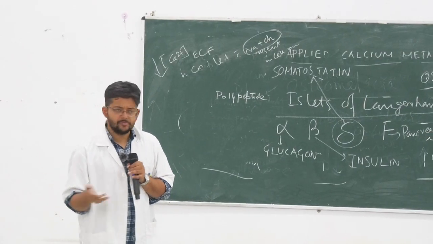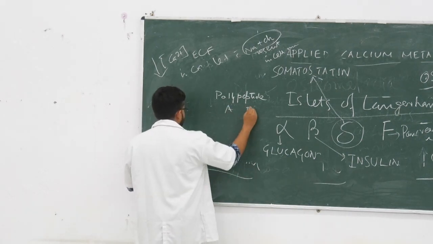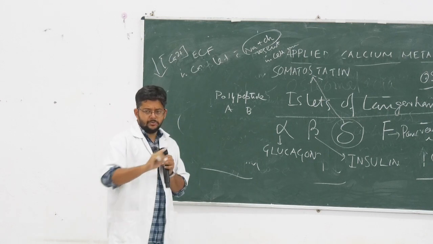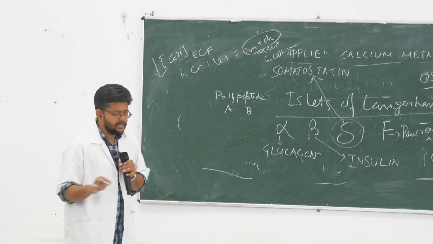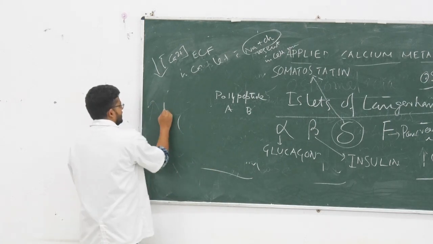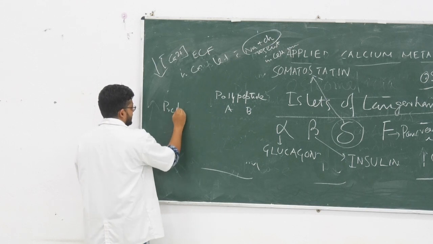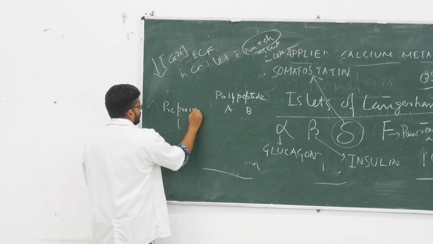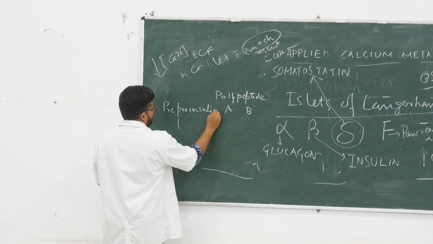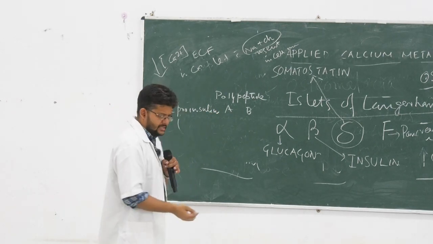So it is also a polypeptide, and there is a thing you need to understand. Initially, from the Langerhans, from the beta cell, there's a molecule of insulin. There is a leader sequence, an initial segment, and once that is cleaved, it comes.